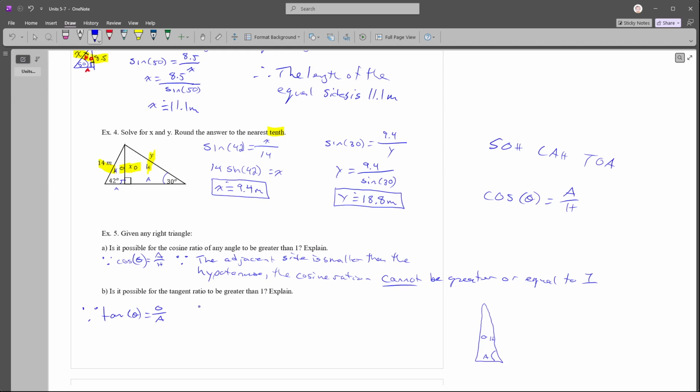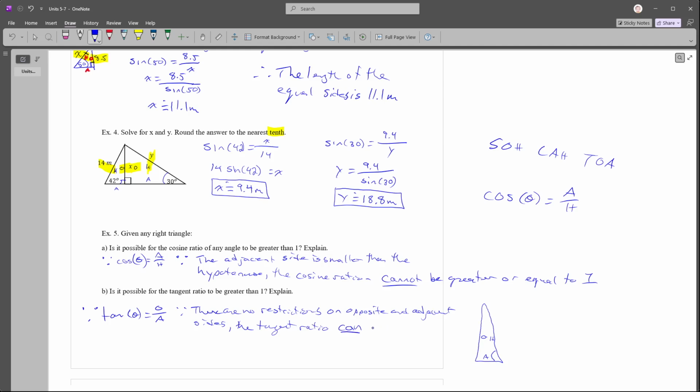So there are no restrictions on our opposite or adjacent. We have no restrictions at all. So since there are no restrictions on opposite and adjacent sides, the tangent ratio absolutely can be greater than 1.